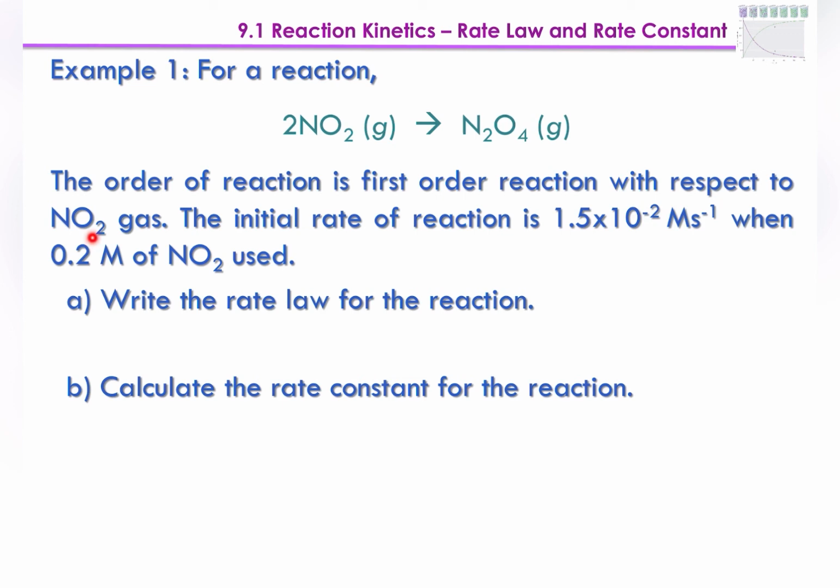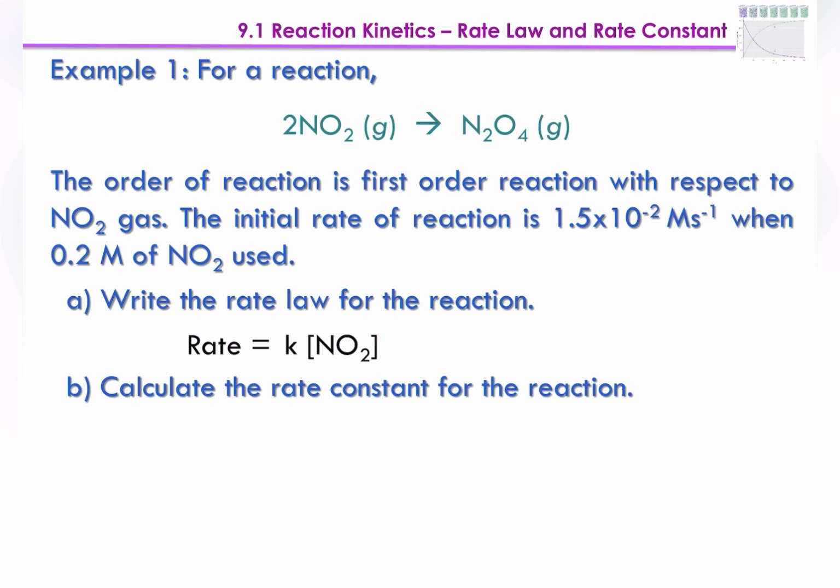Your NO2 gas is your reactant. So when you want to write the rate law, we just consider the reactant only. So my rate law is going to be rate equals k times concentration of NO2 to the power of 1. But I don't show the power. So, this is my answer for the rate law expression.